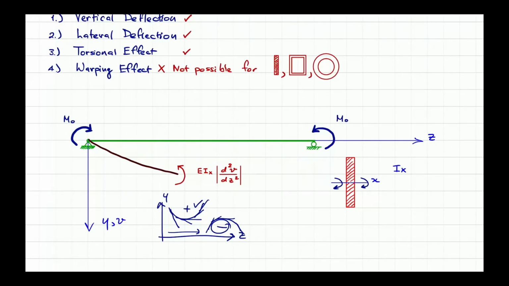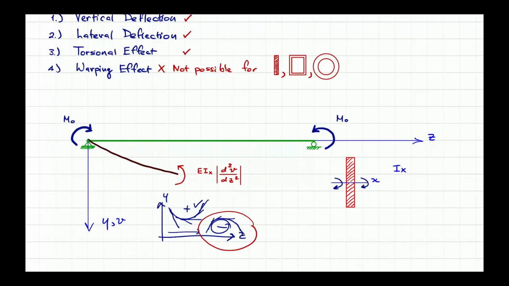So what do we have for this case? For this case, as it is just upside down, it actually matches with this negative slope. So basically you are going to get the sign of the second derivative of v with respect to z squared being negative.